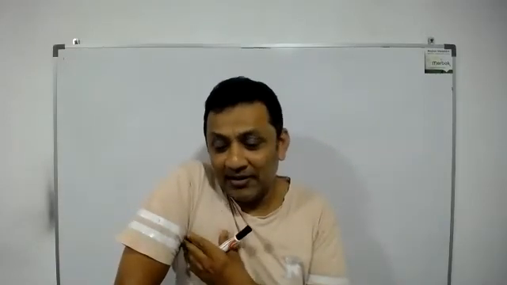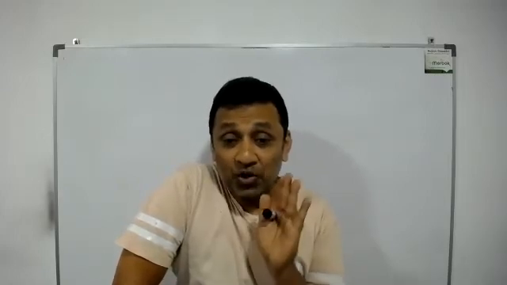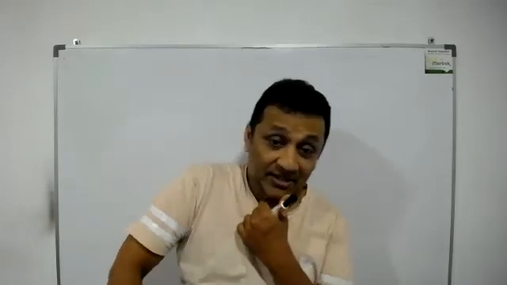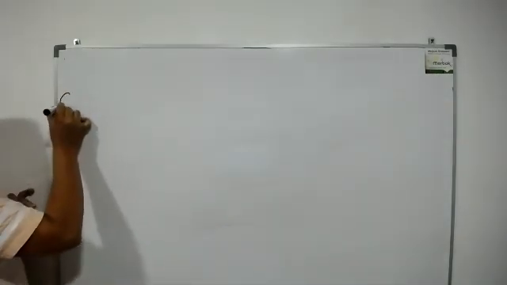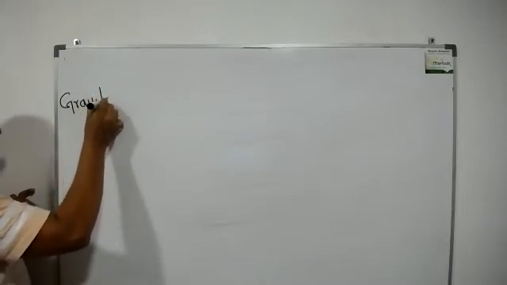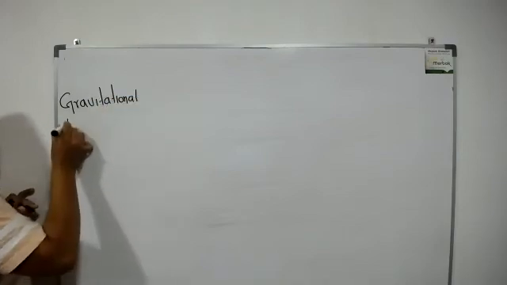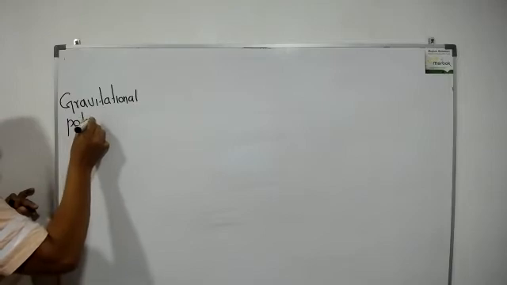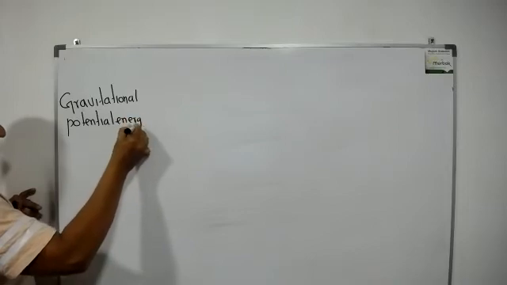What kind of energy is present in it? It is potential energy, gravitational potential energy. So the lesson starts with this. In the beginning, when the water is in the reservoir, there is gravitational potential energy in the water.